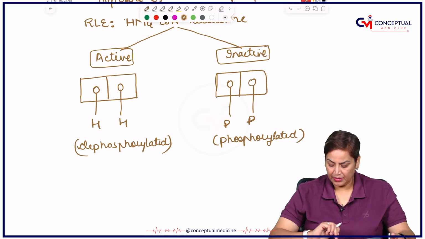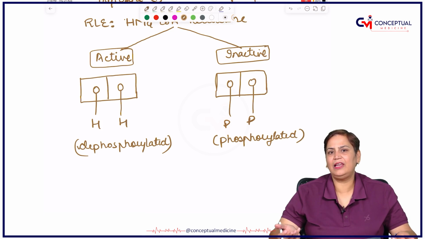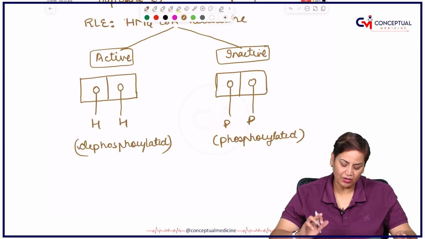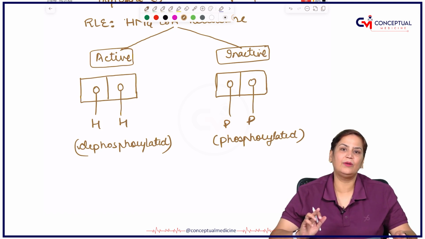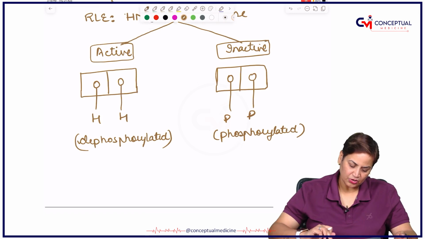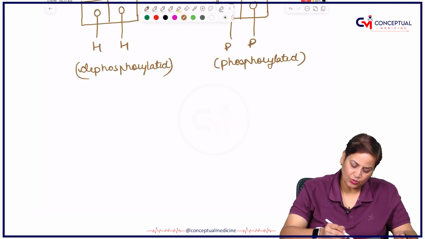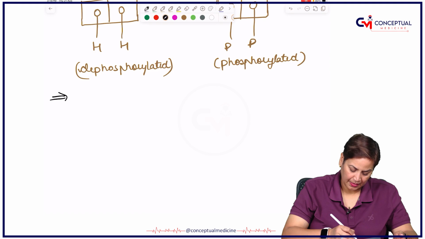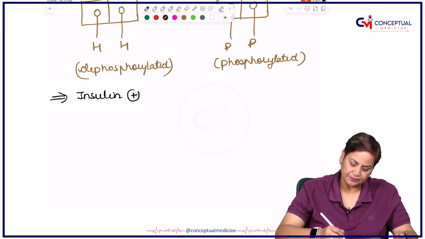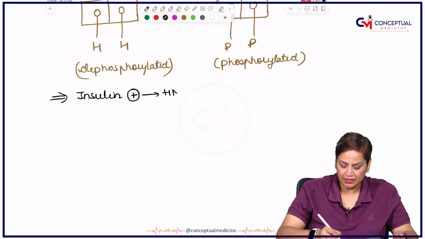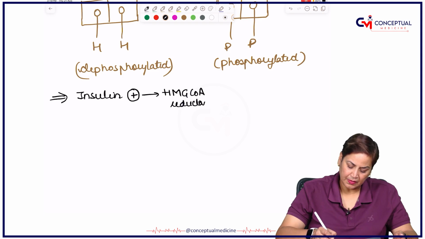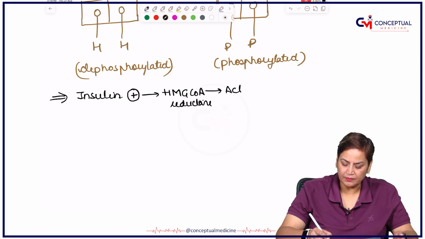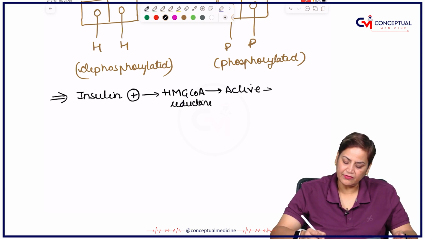So always remember, it is a well-known fact that insulin, being an anabolic hormone, will always accelerate the anabolic reactions. Okay, so I can simply say that insulin will activate HMG-CoA reductase in the active form, which is dephosphorylated.